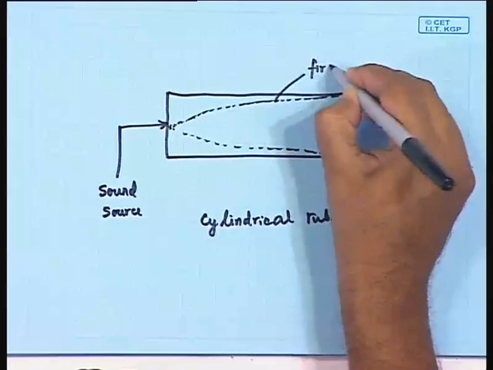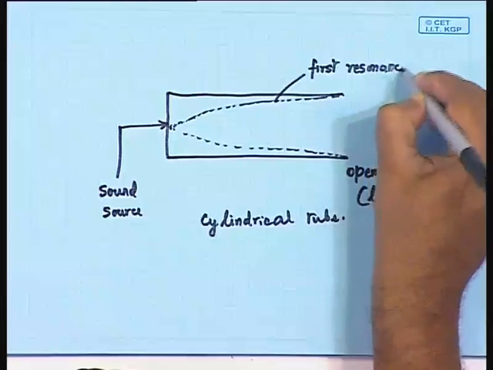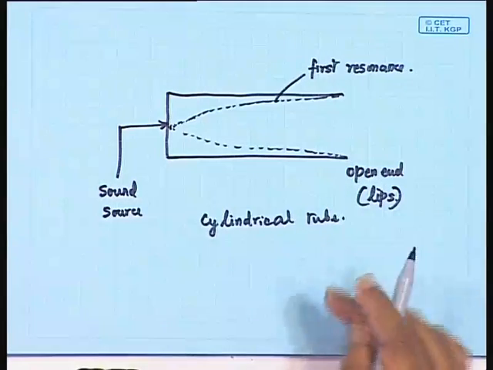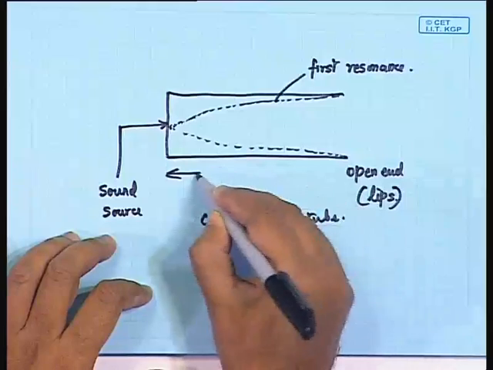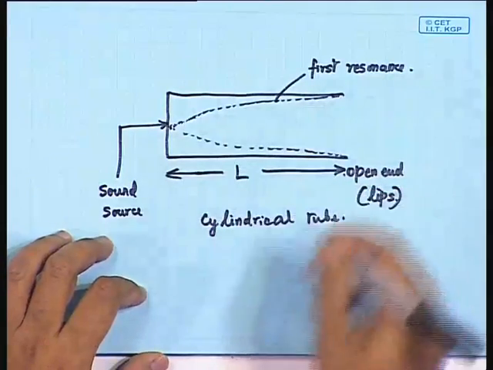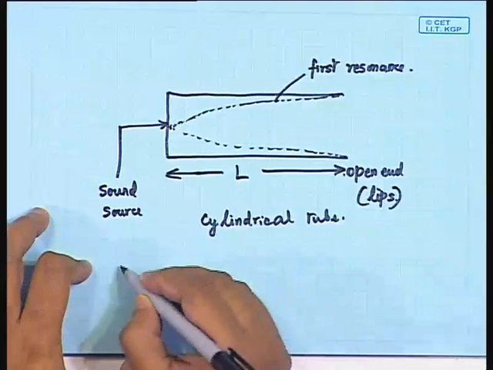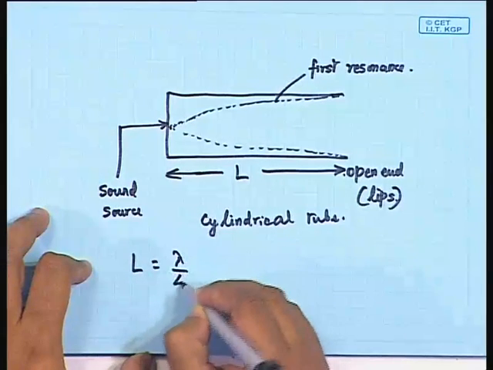This is the first resonance position, and if we assume that the organ pipe is of length L, then corresponding to the first resonance we have L equal to lambda by 4.